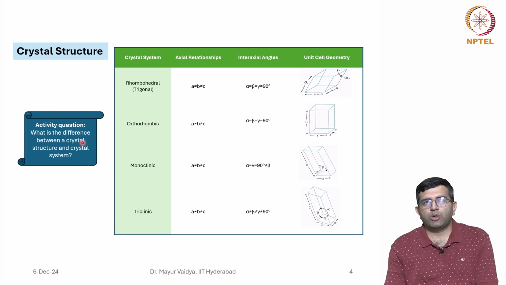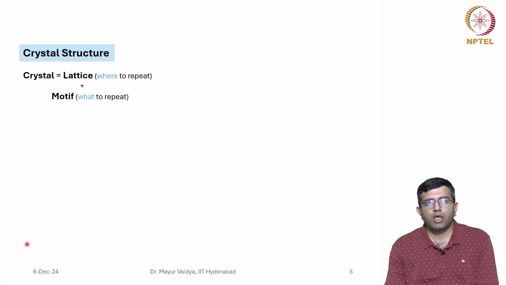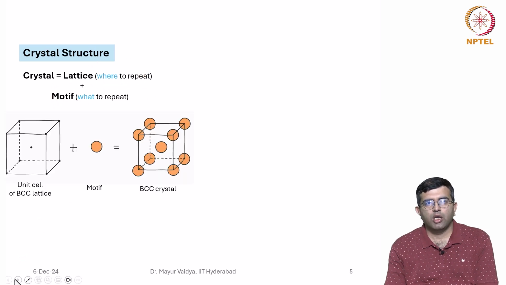So, an activity question for you: what is the difference between a crystal structure and a crystal system? A crystal is basically lattice, which is where to repeat, plus motif, which is what to repeat. For example, you have a unit cell of BCC, and the lattice only tells you the points: these are the corners and this is the body center.